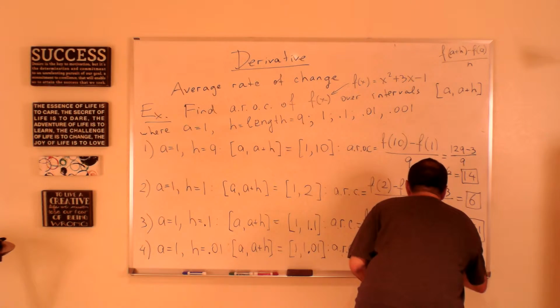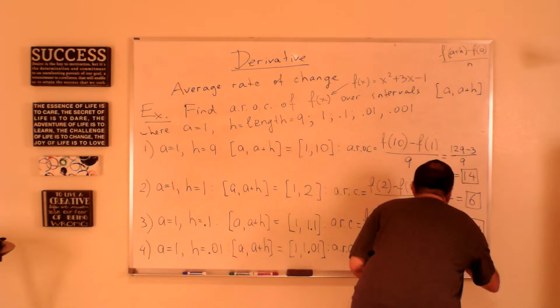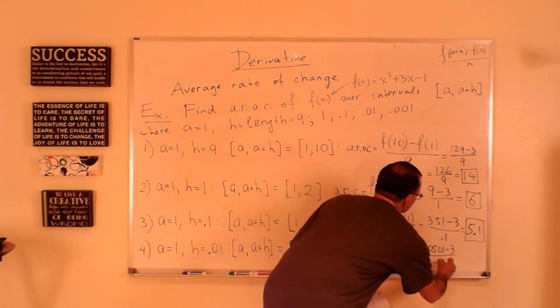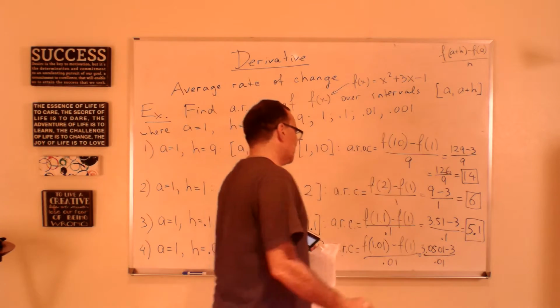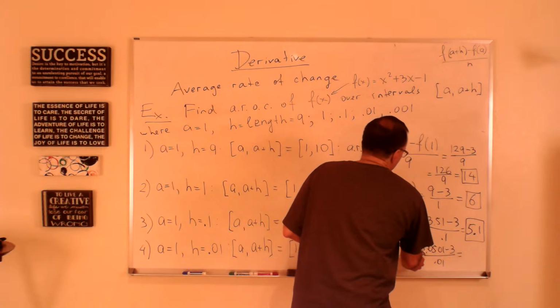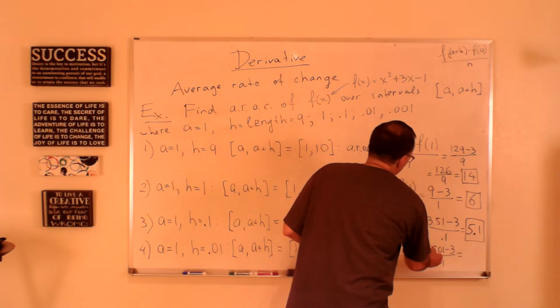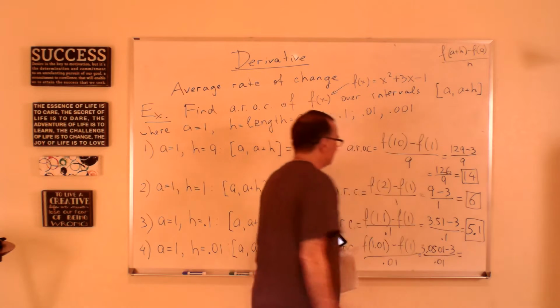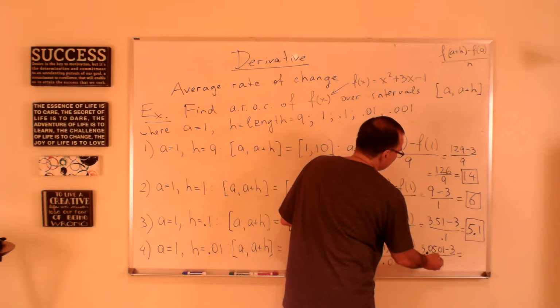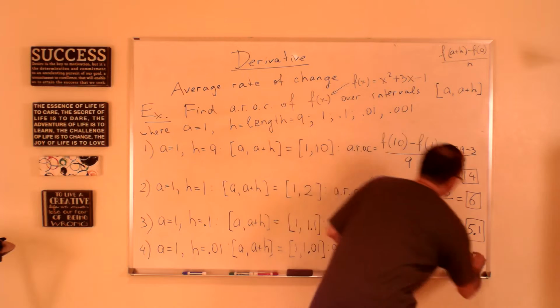So 3.0501 minus, again, f of 1 is 3, and over 0.01. The answer is 0.0501, and then when you divide by 0.01, it's like multiplying times 100. So this period moves here, so it's 5.01.